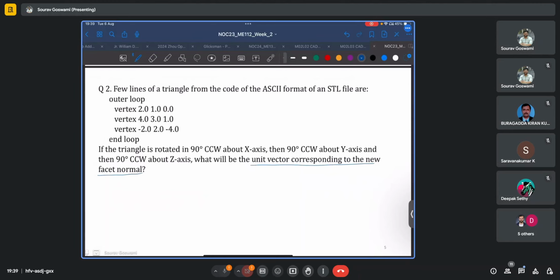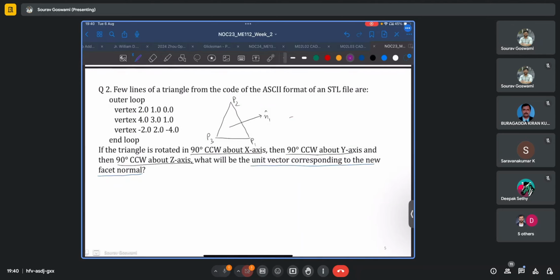So say we originally started with this triangle. Say it had the points P1, P2, P3, and it had a normal, say N1 hat, which originally pointed in some direction. Now, after the set of rotations that we carried out in the previous example, the triangle may have been reoriented.